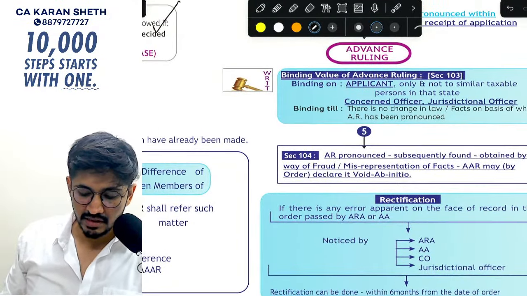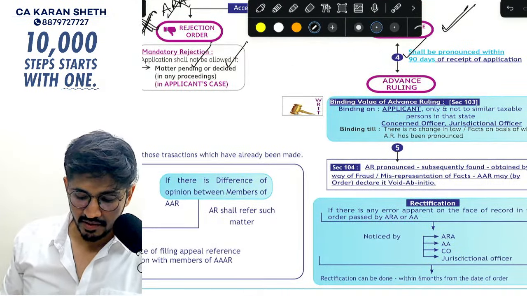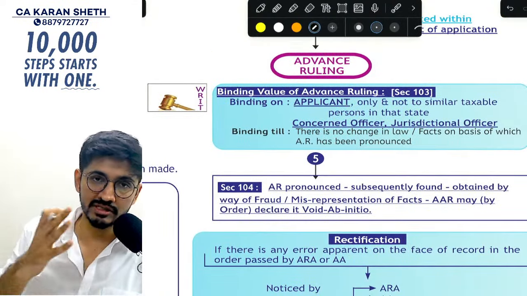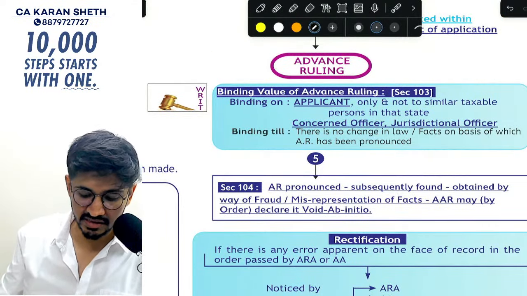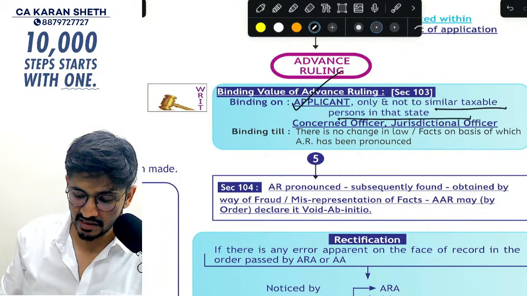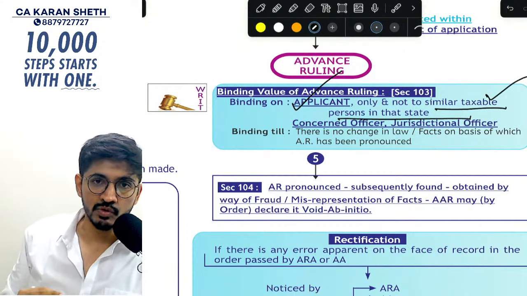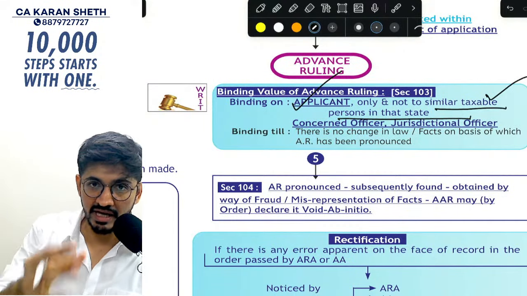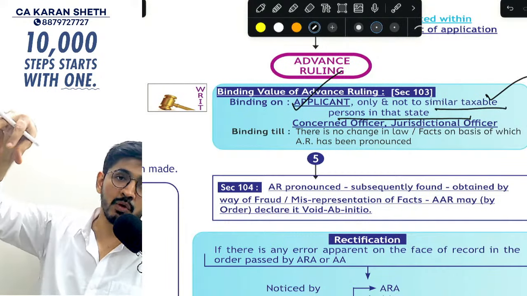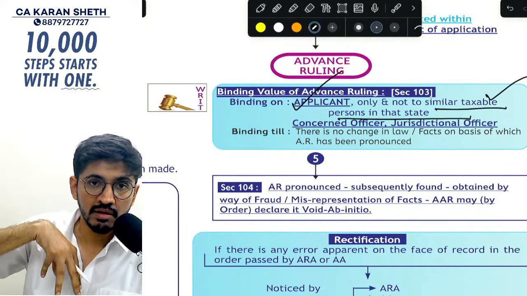That's how it is. Now, it's very important to understand that as soon as the Advance Rulings Authority gives their decision, it is binding on the applicant, and not on any similar taxable person in that state. Understand? So if I am selling goods X and Heath is also selling goods X, the decision will be only applicable to me.